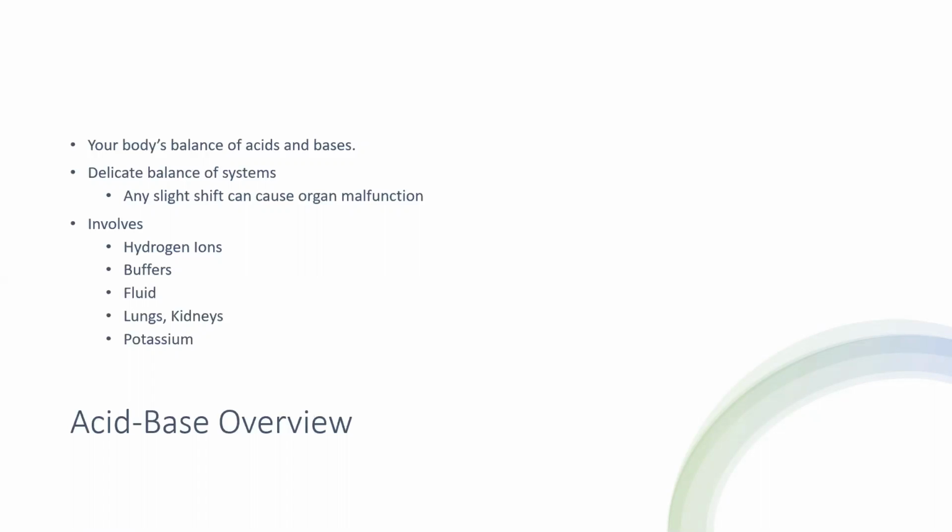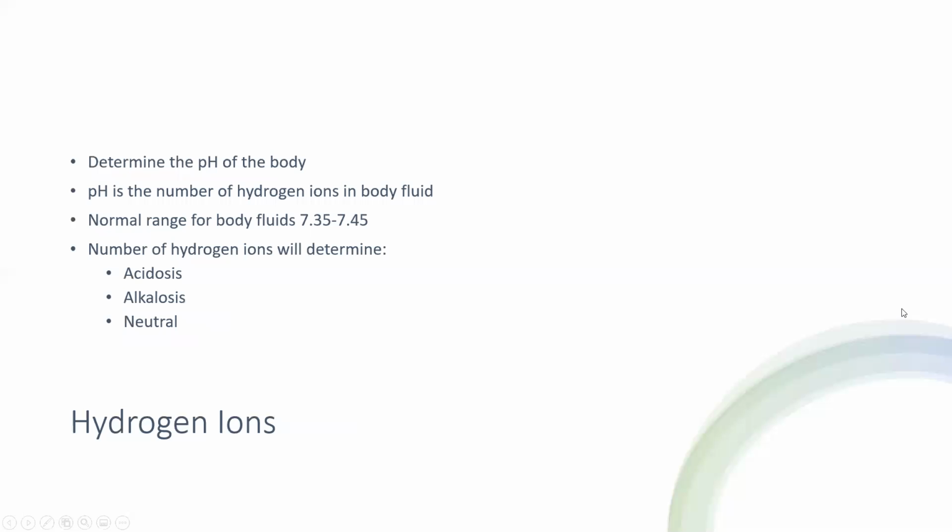And so the body does a very good job on an everyday basis to keep this checks and balances. It involves a lot of different processes, but hydrogen ions, different buffers, certain types of body fluid, organs such as the lungs and the kidneys particularly, as well as potassium, all play a role in this.